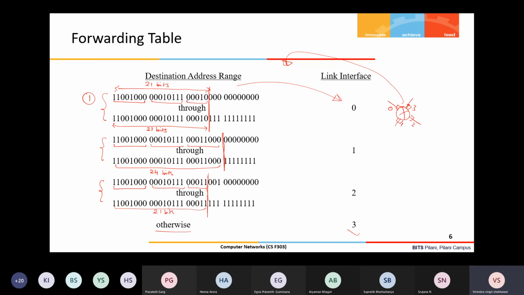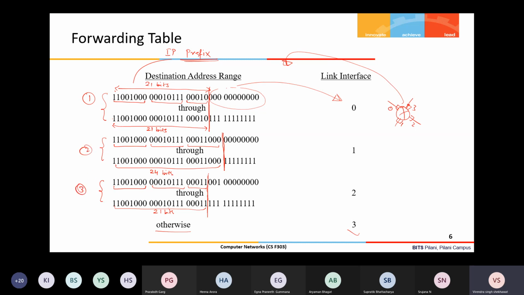This we call a prefix. In IP terminology it is called an IP prefix, because it is an IP address prefix. The remaining bits are the suffix, and that's why it is called a prefix. So we have three prefixes: two 21 bits and one 24 bits.